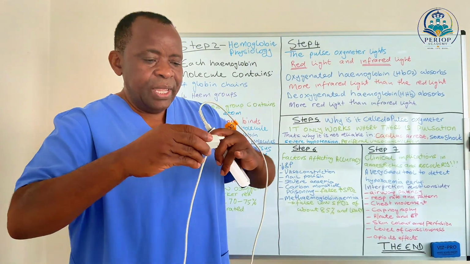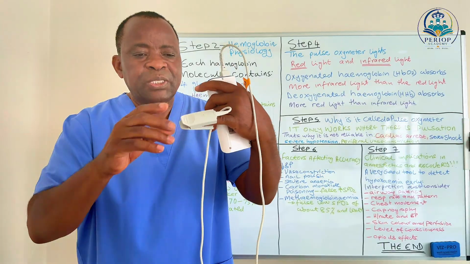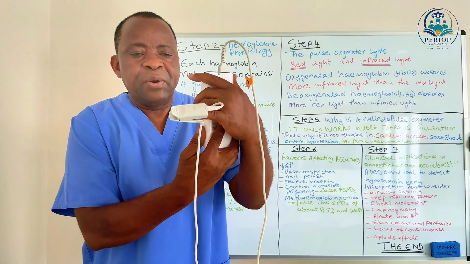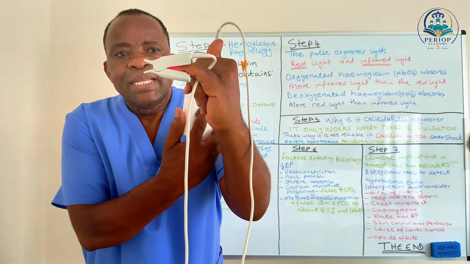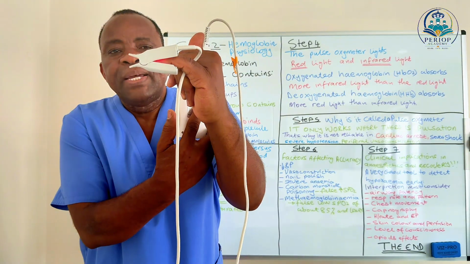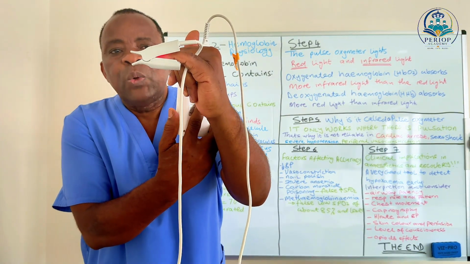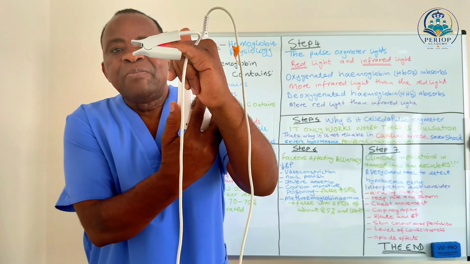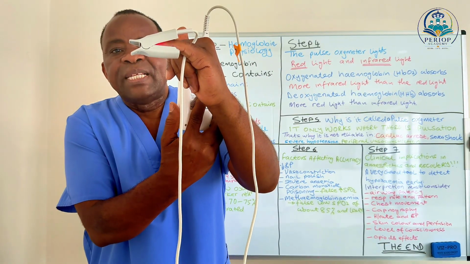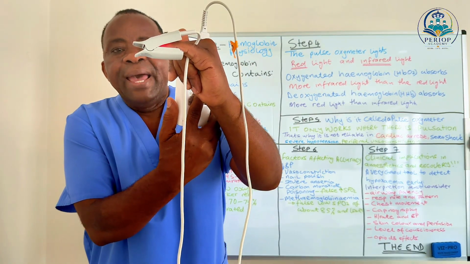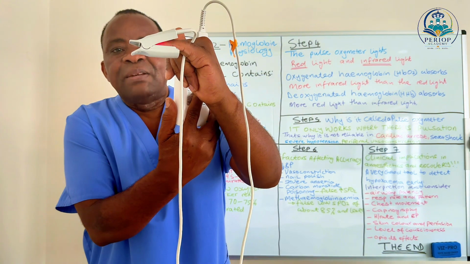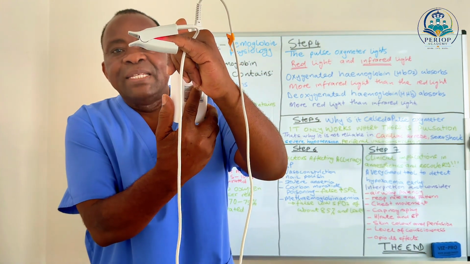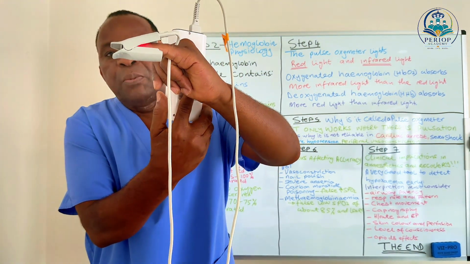And we apply the pulse oximeter probe, and the light from the top travels through the body tissues. Some of the light is absorbed by the tissues, by the bone, and reflected through the red blood cells, and then reaches the bottom end.